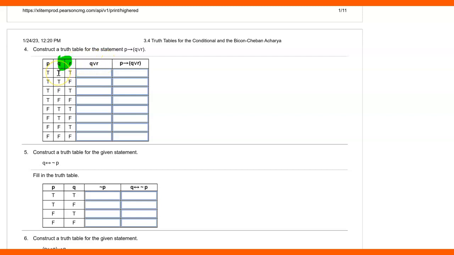T or T is T, T or F is T. Again, notice that we're doing OR between these two columns. Therefore, this is true, this is false, because remember that false or false is false, true or true is true. This is also true, this is also true. The last one is false because false or false is false.